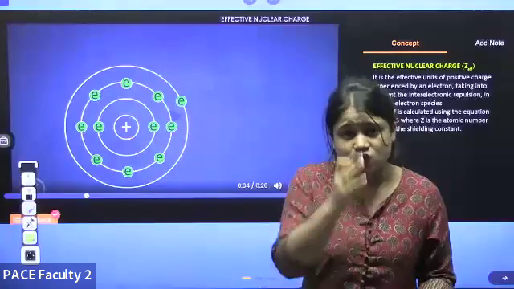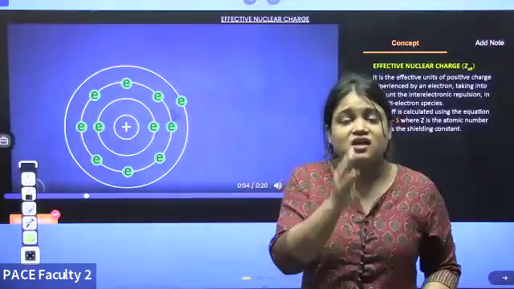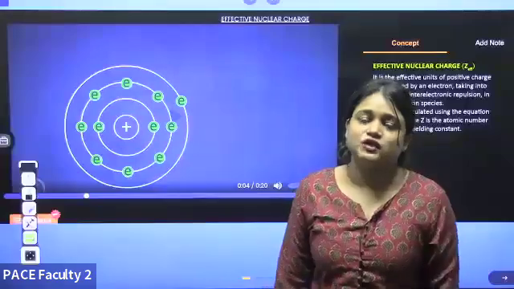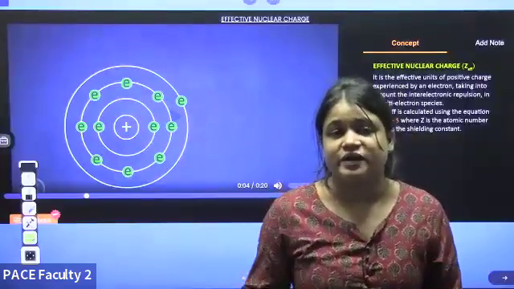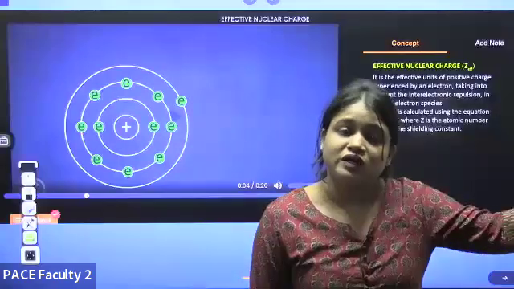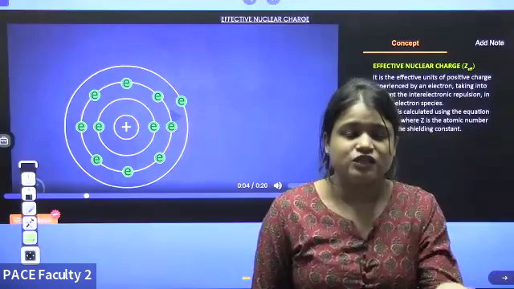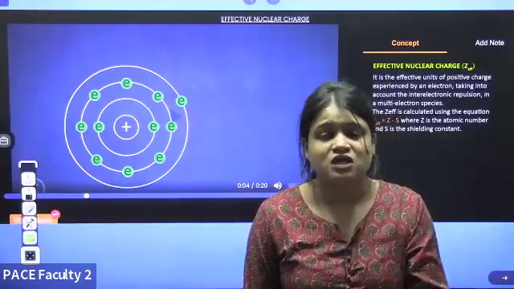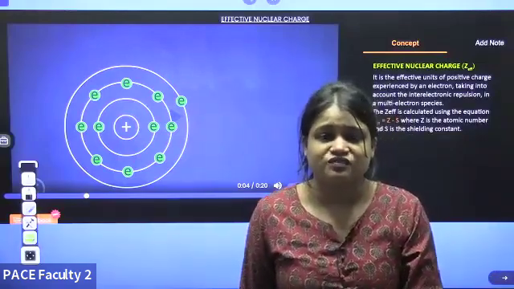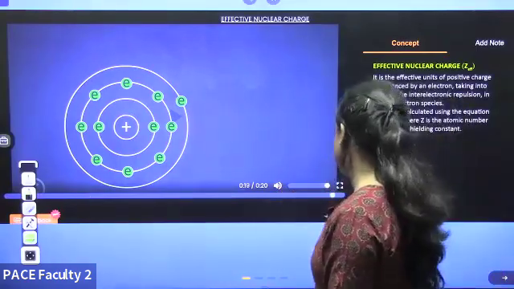These shield the valence electron from the nucleus, and that is why the total nuclear pull is not faced by the valence electron. Then how much nuclear charge is faced? It is known as the effective nuclear charge. Moving on.